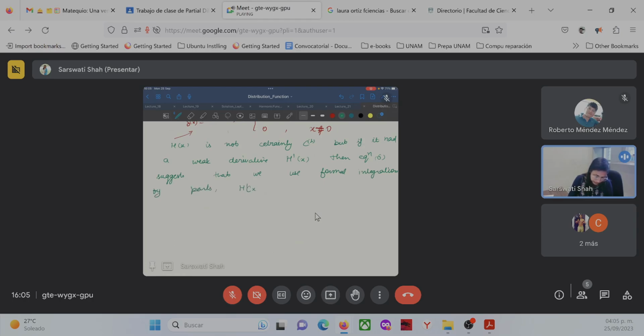So h dash x should satisfy integration from minus infinity to plus infinity h dash x v of x dx. So this is the first order derivative. Now we already know the derivative defined in the previous thing. So this will be minus infinity to plus infinity h x v dash x dx.